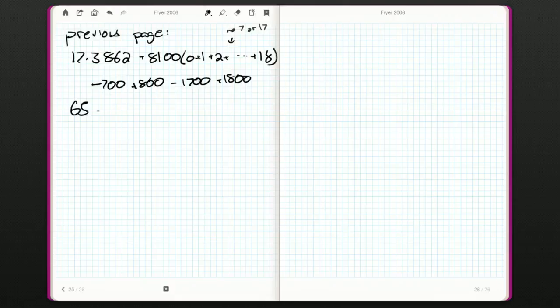So 65854 plus 8100 times the sum of the numbers 1 to 18. So 18 times 18 plus 1 over 2, minus 7, minus 17. So 18 times 19 divided by 2. So 171 is the sum of the numbers from 1 to 18. We subtract off 7, we subtract off 17. We have 147. We multiply that by 8100.